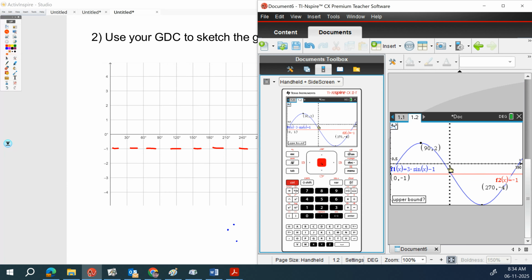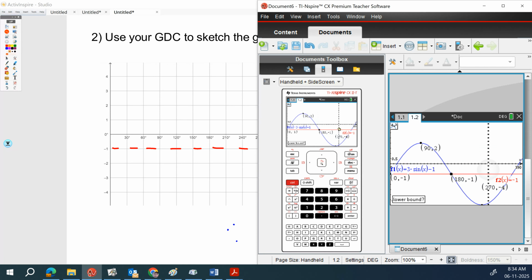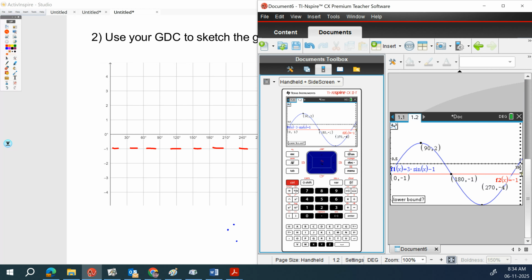Come back here, click, click. One more. So we should have our 5 key points on the graph visible.